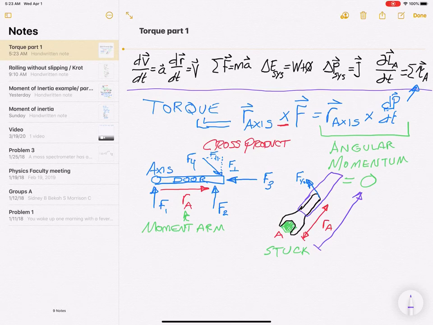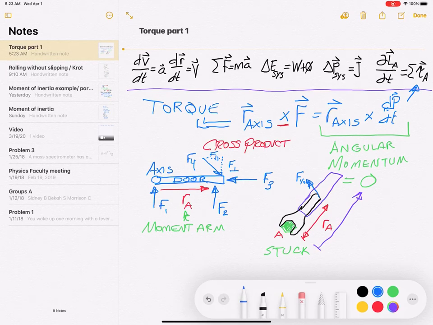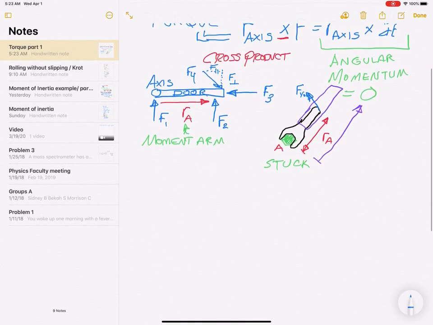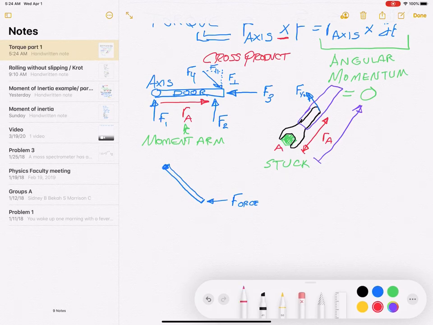So we talked about breaking down the force vector into components, but there are going to be some times when the object we're dealing with, say, something at an angle where we know this force, for example, what we might want to do is decompose the moment arm.